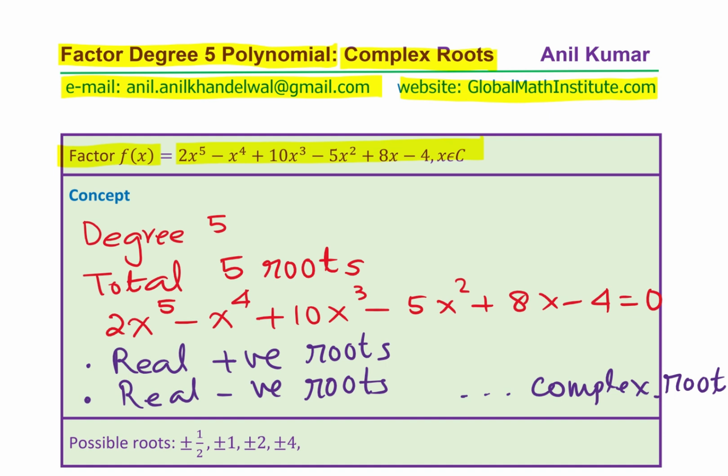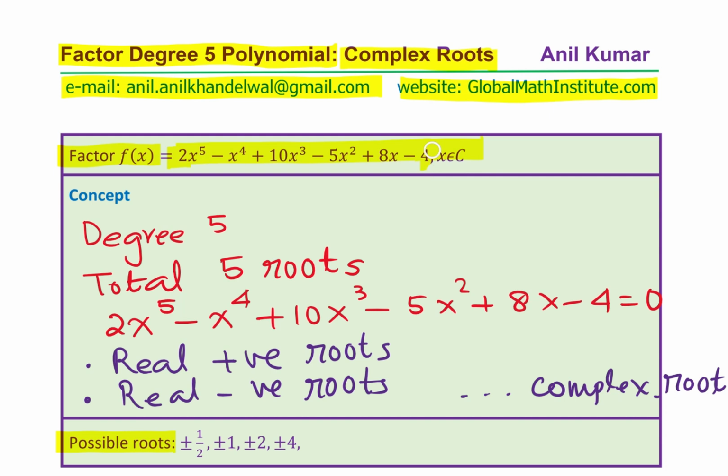Well, as you know, the possible roots could be what? The possible roots could be factors of the constant minus 4 divided by the factors of 2, the leading coefficient, correct? So we know that the possible roots could be factors of 4, which are 1, 2, and 4, and factors of 2, which are 1 and 2.